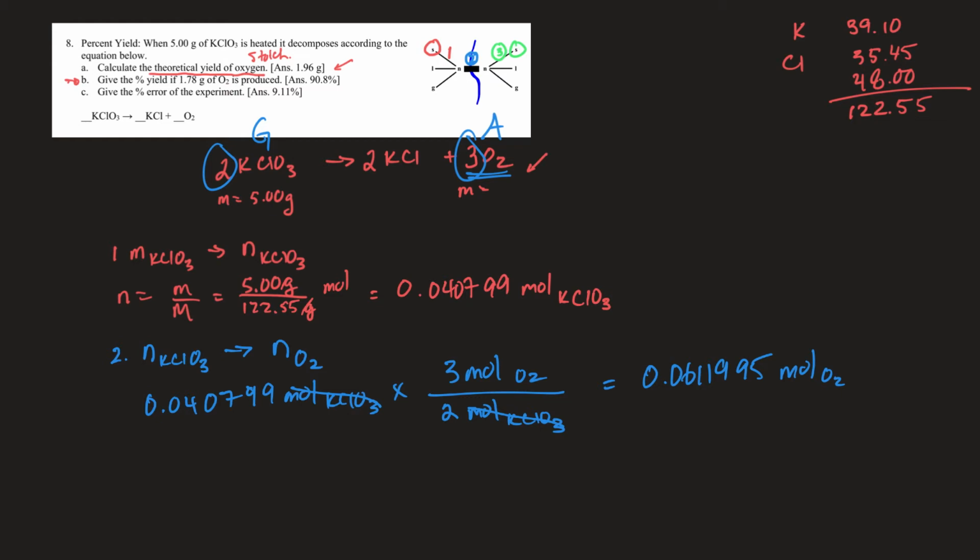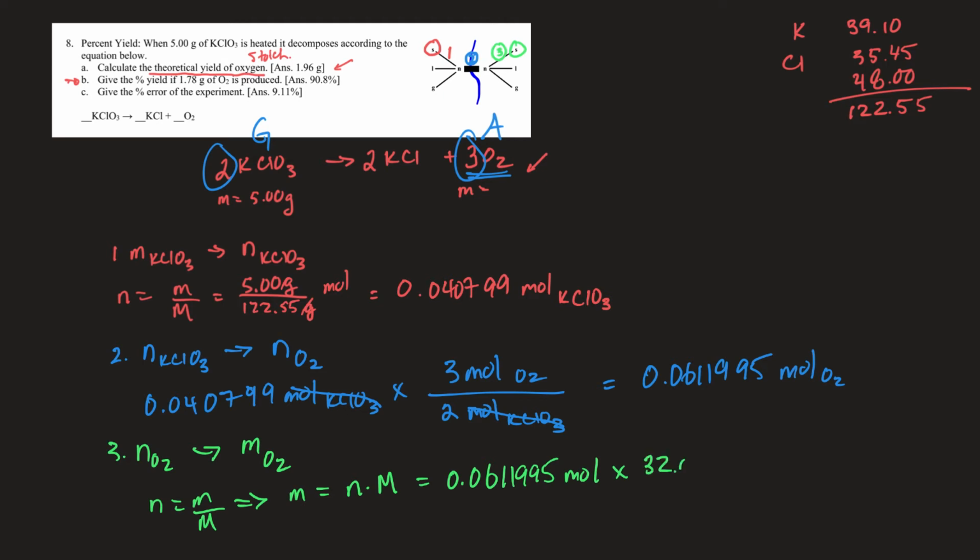Step 2 done. Okay, step 3, I've got to take the moles of oxygen and convert it to mass of oxygen. So moles is equal to mass over molar mass, and when you manipulate the formula, mass is equal to moles times molar mass. So the moles are 0.0611995 moles times the molar mass of oxygen. There's 2 oxygens, so it's 32.00 grams per mole.